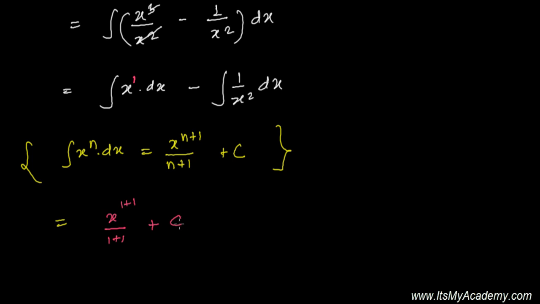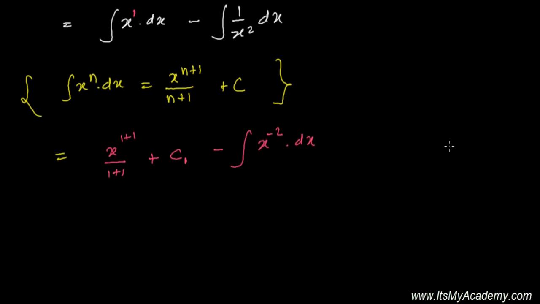Constant c, but here we're going to deal with another one, so there will also come a constant, so I'm writing this as constant 1. And minus, now see here, the integration of x to the power minus 2 times dx. Further it's simply x squared over 2 plus constant 1, minus, now again I'm going to use the same power rule.